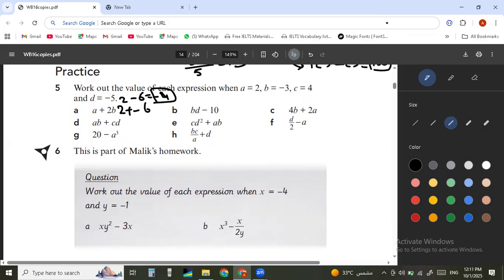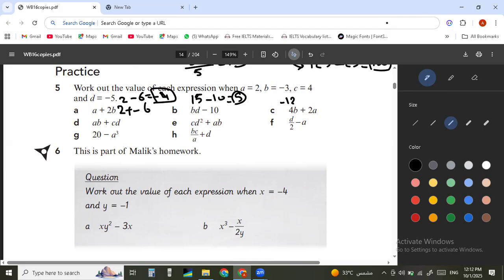BD means B times D. Sorry, D is negative 5. So BD, negative 3 times negative 5 is positive 15. Minus 10, which is just 5. 4B, 4 times B, which is negative 12.